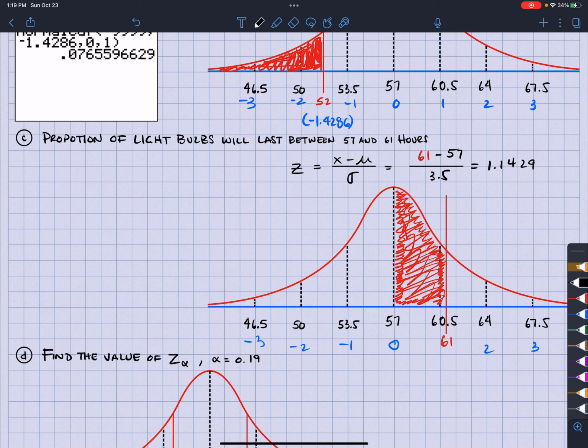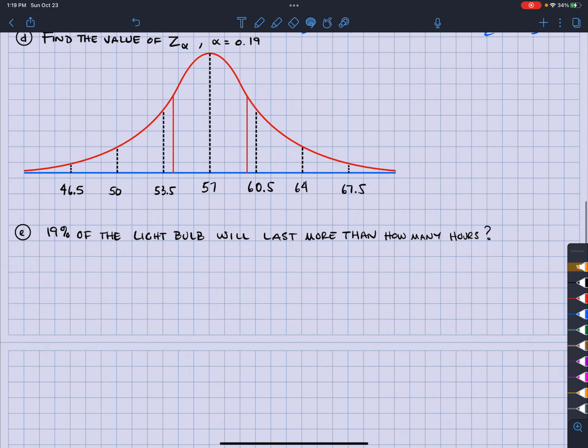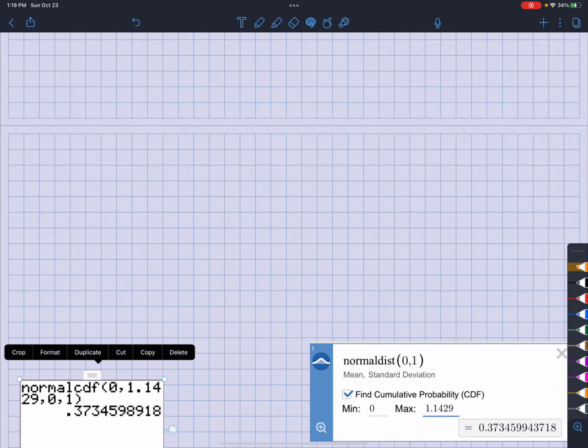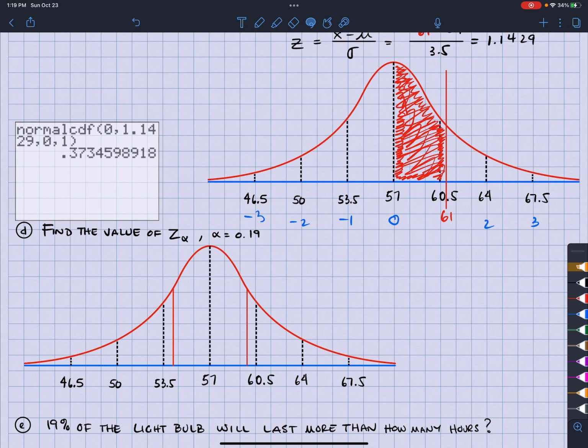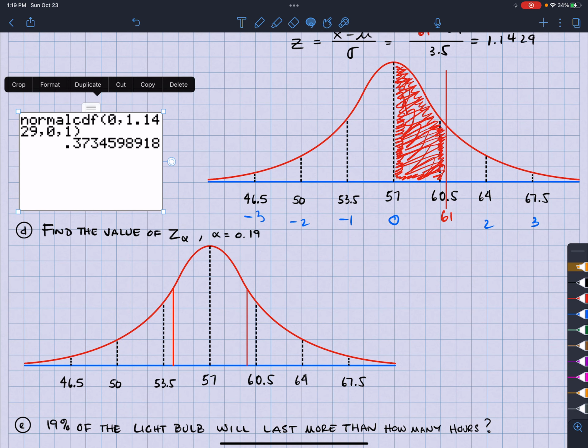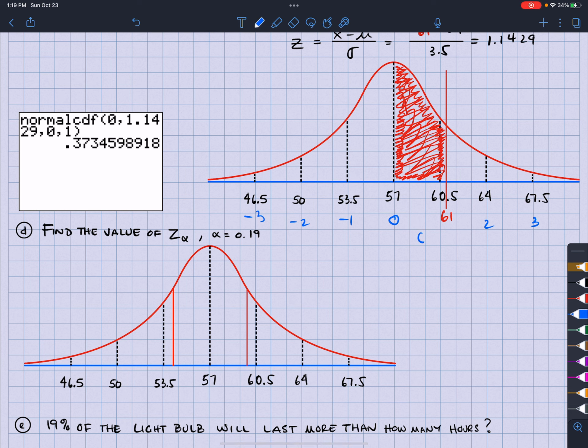Okay. So then we can plug this into our TI-84 or Desmos. So where am I going from? I'm going from 0 to this 1.1429, right? That's where I'm going from and to, and the mean and standard deviation, that's what I got.